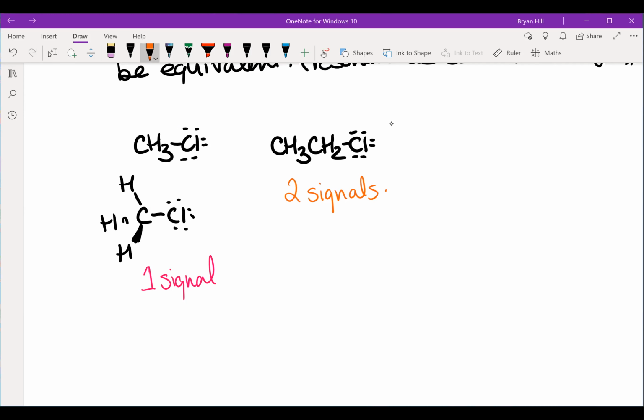I'll call these 2 here A, and these 3 here B. And let's just take this one step further.